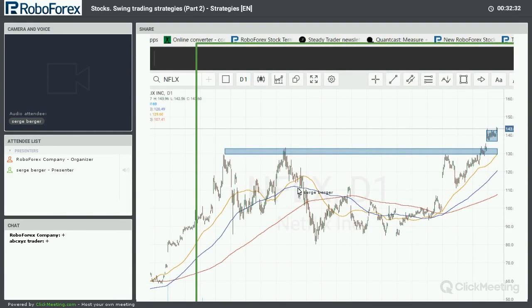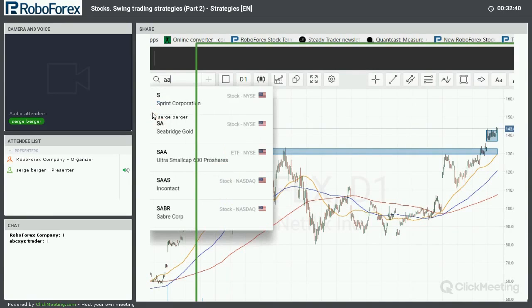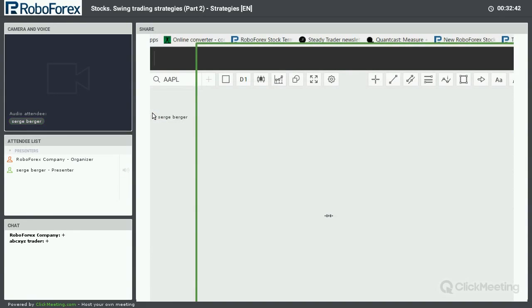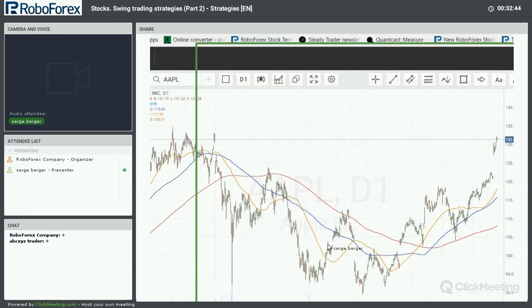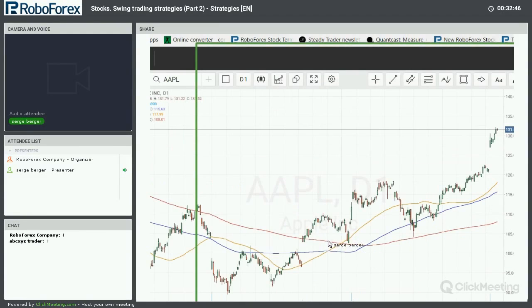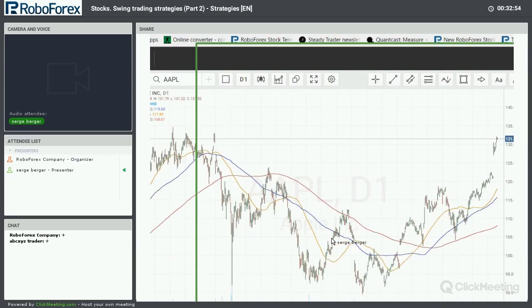So let's look at a couple of stocks that I want to focus on, and I want to look at this from a swing trading perspective. So number one is Apple, and I want to show you something here in Apple that I consider to be extremely valuable from a swing trading perspective.